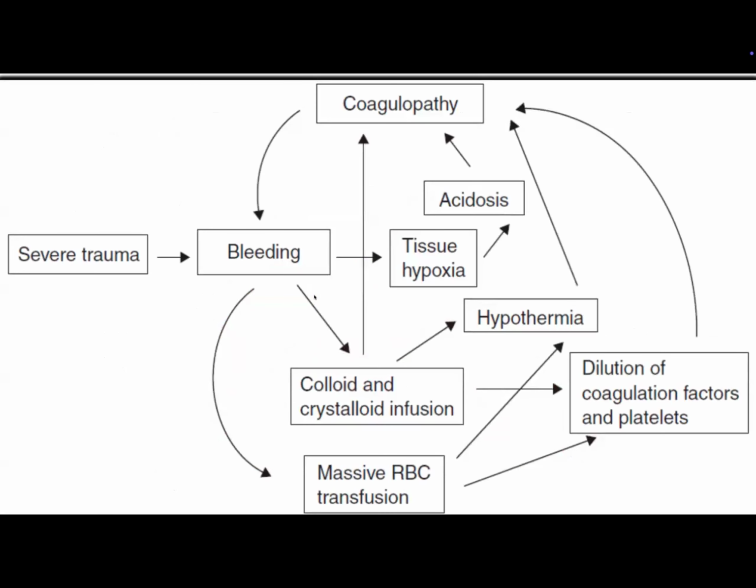This is a brief overview of how trauma-induced coagulopathy develops. There is severe trauma, which leads to bleeding, which leads to tissue hypoxia. Tissue hypoxia can lead to acidosis, which is lactic acidosis.